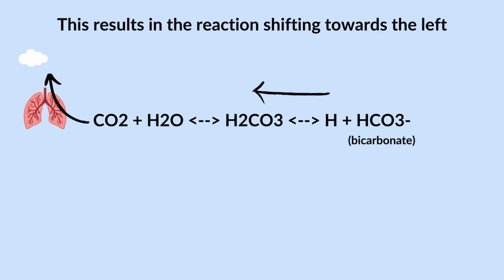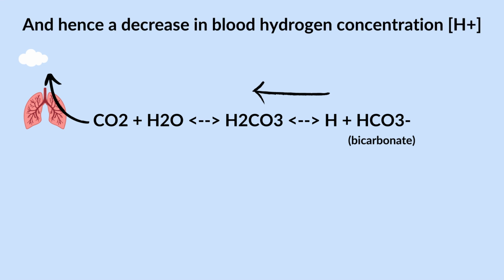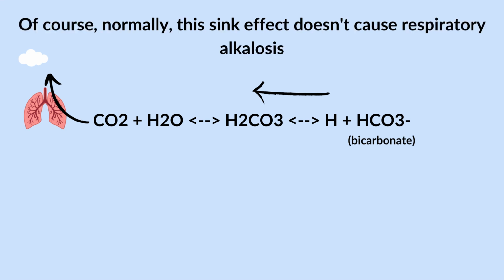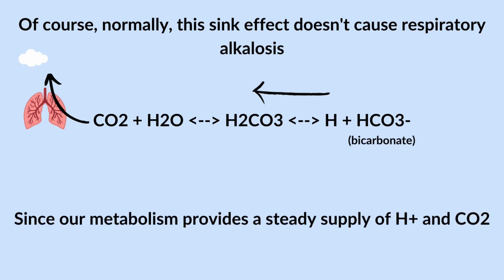This results in the reaction shifting towards the left, and hence a decrease in blood hydrogen ion concentration, aka an increase in pH, alkalosis. Of course, normally this sink effect doesn't cause respiratory alkalosis, since our metabolism provides a steady supply of protons and CO2.